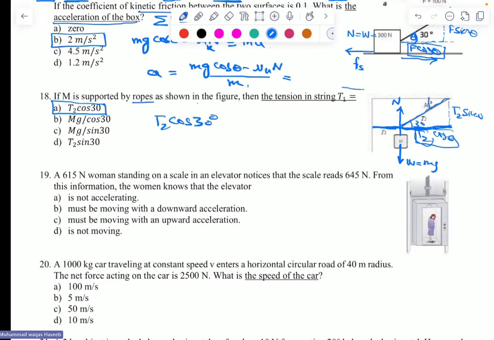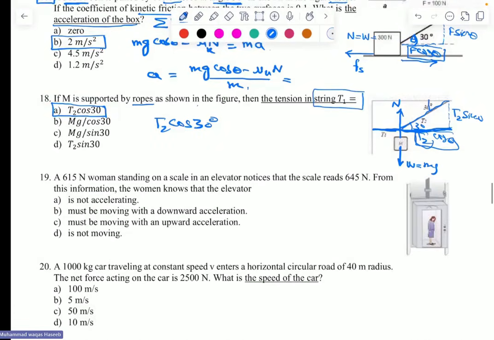Yes, but we are talking about the tension in the string right now. The tension is related to the weight as well: T equals mg. When we sum all the forces, we add them vectorially, if we draw the free body diagram. But now we just need the tension related to T2.